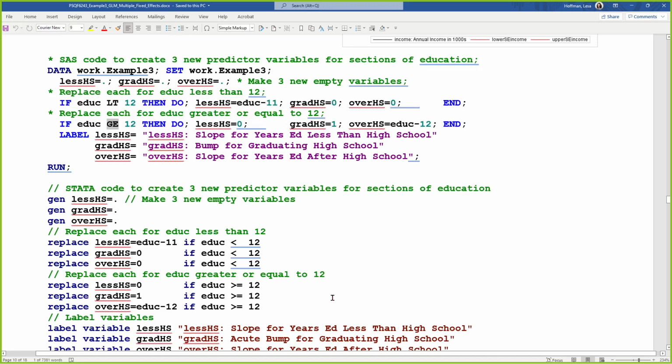Greater than would be GT. Greater than or equal, yeah. So otherwise you would leave out the people who have a 12, because the first command is less than 12, and this one will be greater than 12, and you wouldn't have 12 as one of the conditions. So this is less than 12 and then greater than or equal to 12 as the two conditions.